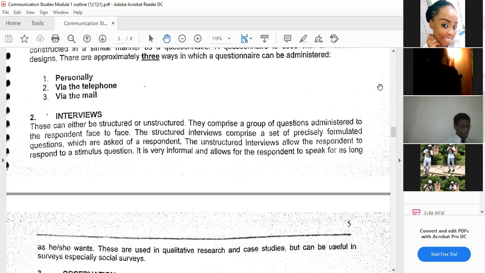Cool. So the unstructured interviews, what would happen if an interview was unstructured? If I went to the interview not having any questions prepared beforehand, what would happen? You think so? Sometimes they repeat the question.